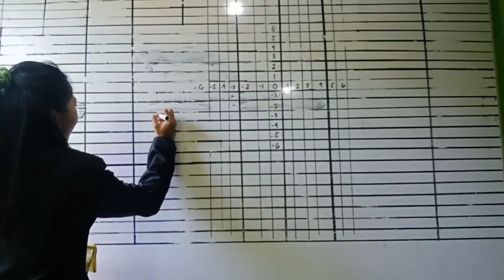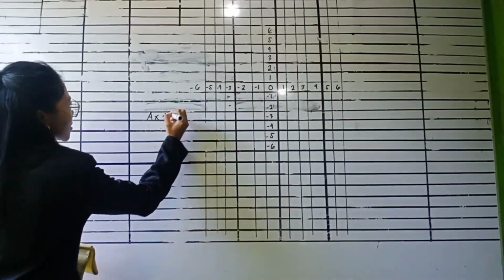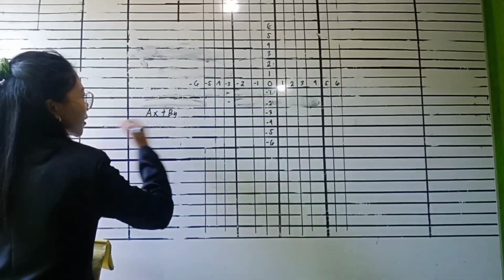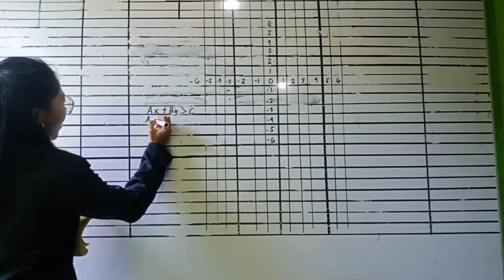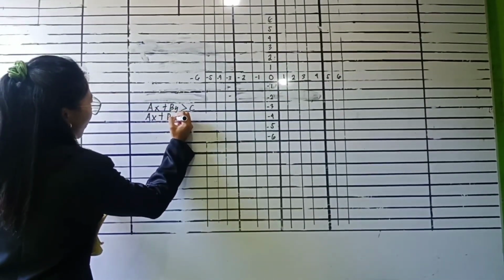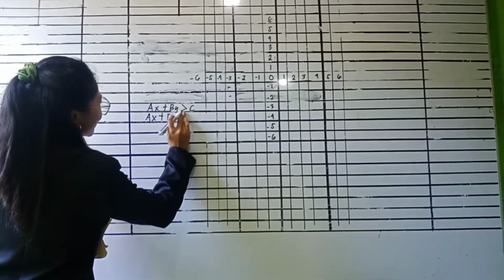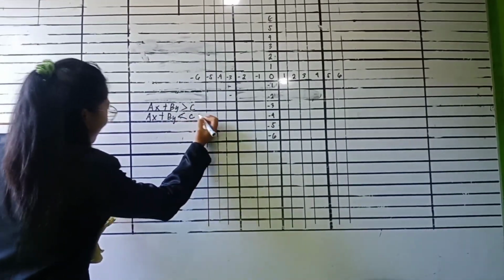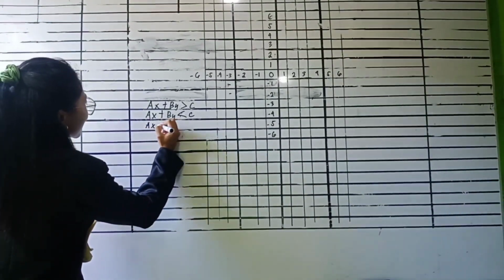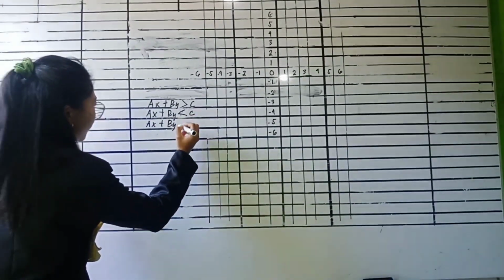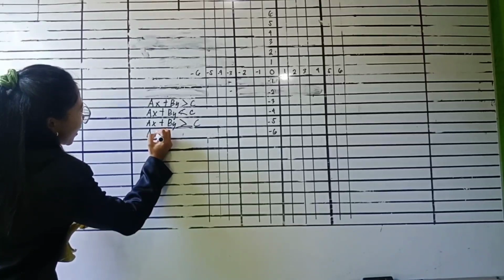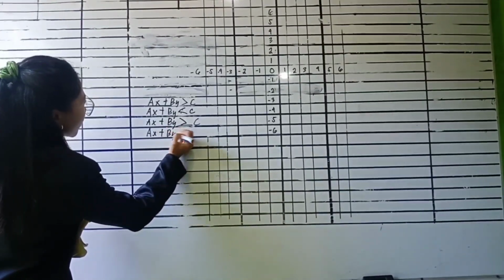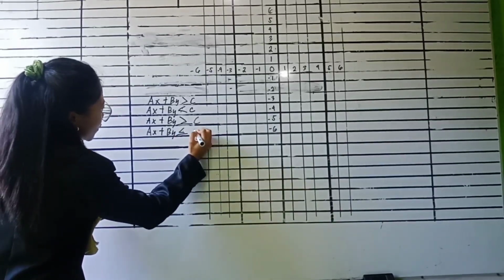For example, ax plus by greater than c, or ax plus by less than c, or ax plus by greater than or equal c, ax plus by less than or equal to c.